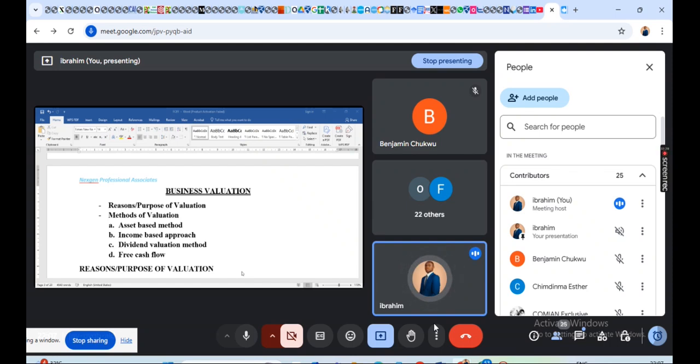They want to know the current value of the asset, the current value of the inventory. But we will be looking at it as, if I want to buy these shares, what will be the value?